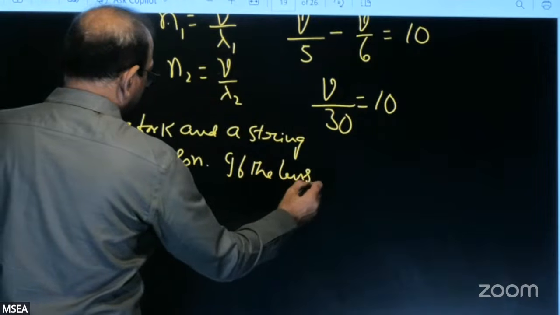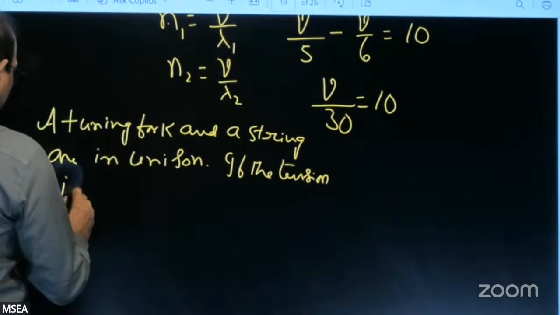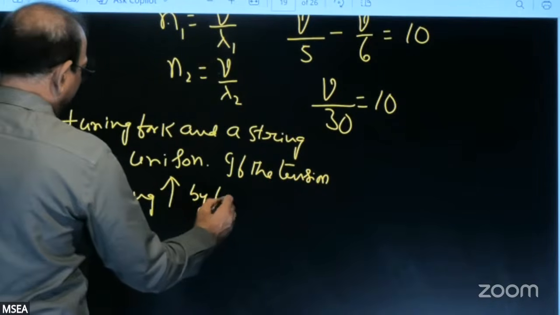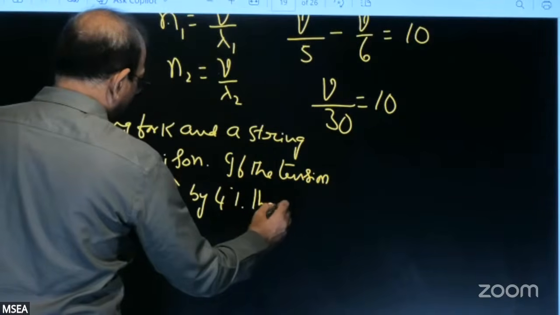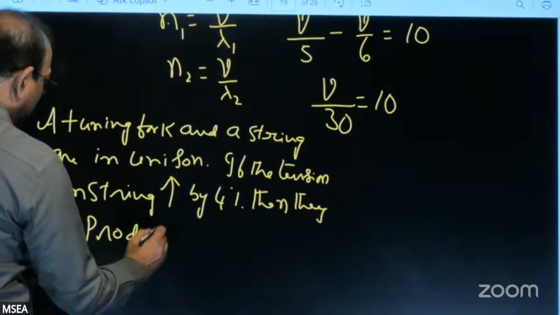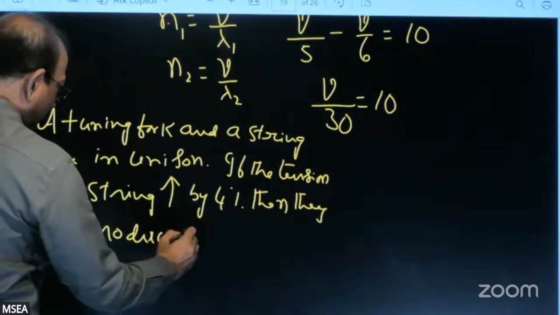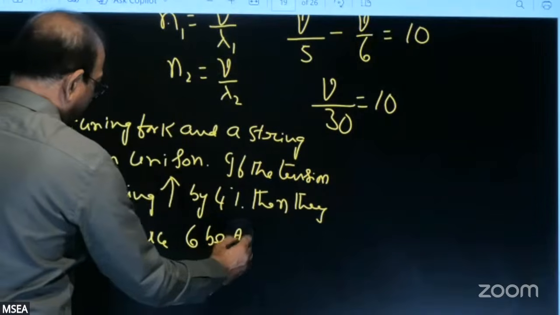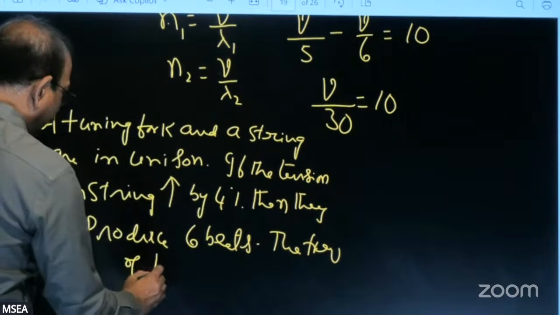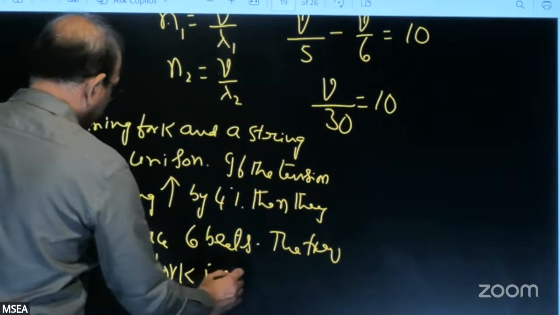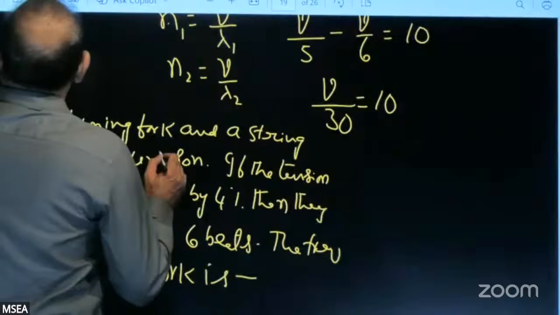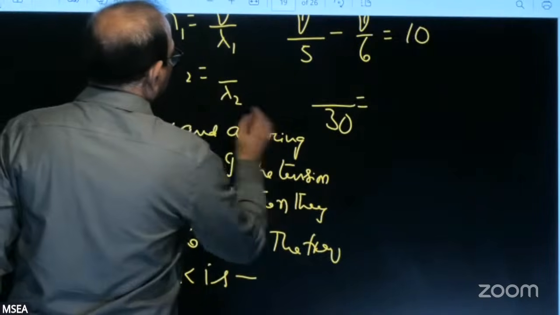If the tension in the string is increased by 4%, then they produce 5 or 6, some number of beats they will give. 6 I am giving. The frequency of the tuning fork is asked. So how to solve this?